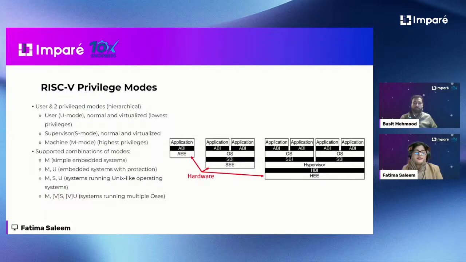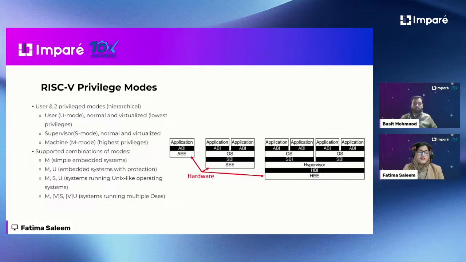When we have simple M mode, there is no protection layer, and when we add the user mode with the machine mode, we add protection. And there is a third combination of machine, supervisor, and user. When there is an OS layer, we need to enable virtual memory, so we add the supervisor mode.